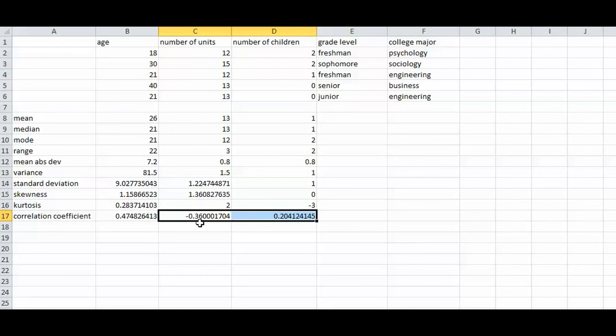The negative 0.36 is actually a stronger correlation than the positive 0.20 because the strength is just how far it is from zero. So if you want to know which one is stronger, just ignore the negative sign and then just look at which one is the bigger number, and that'll tell you which one is stronger.